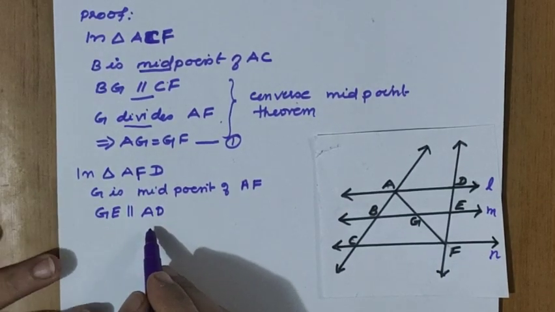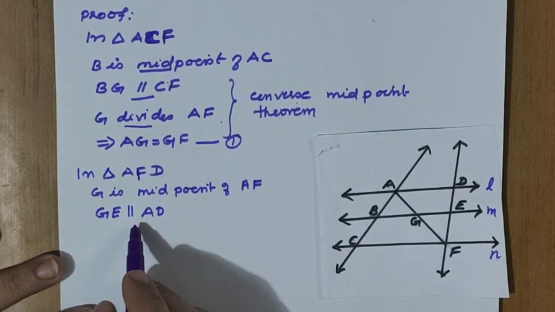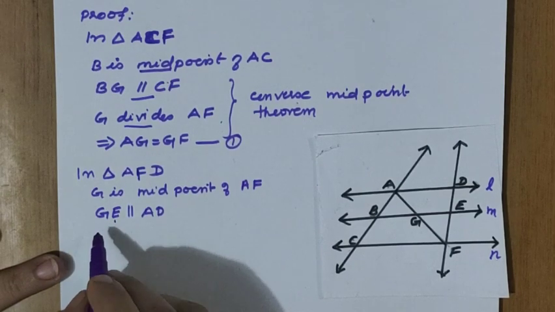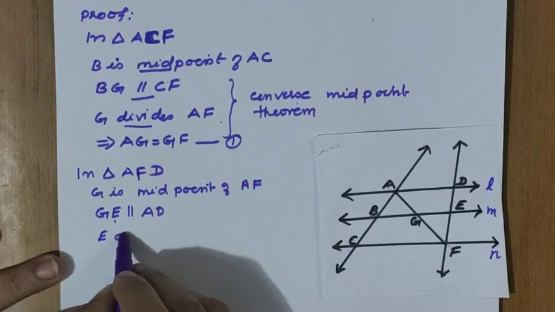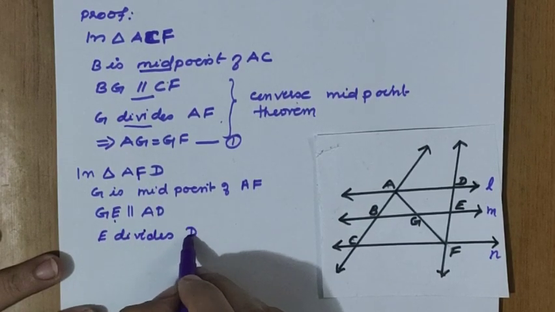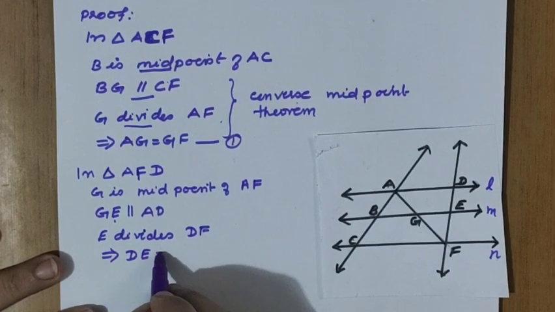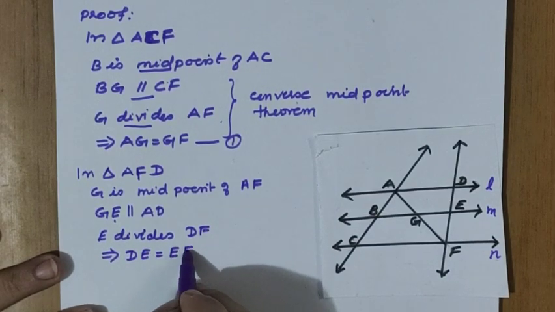GE parallel to AD. So the first condition is proved, and the second condition we also got. Now what is the next one? The ending point is E. So E divides the third side. Which is the third side? DF. That implies we can write DE equal to EF.